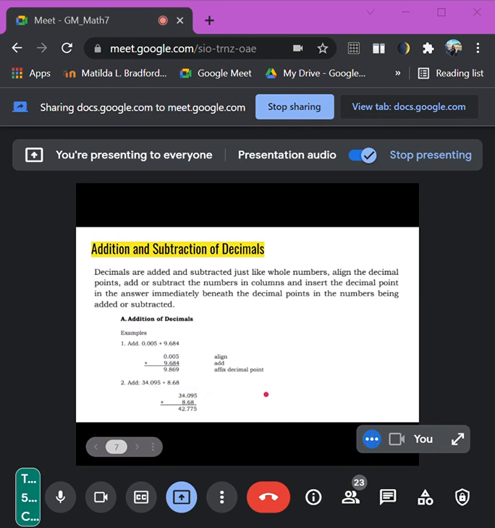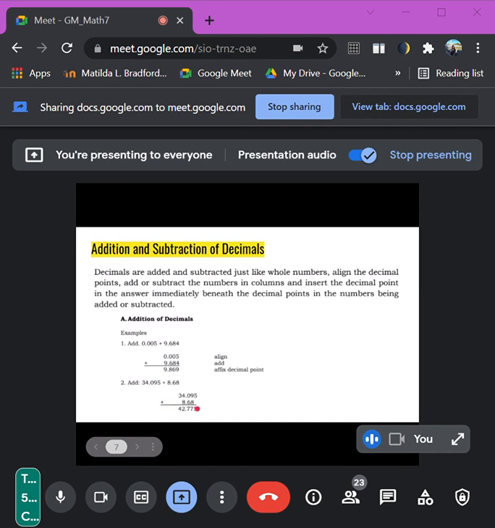Okay? And then we have another example here. 34.095 plus 8.68. So we wrote 34.095 first. And as you can see, the 8.68 has its decimal point aligned. Okay, align the decimal point class and then write it right away. And then you can add already.